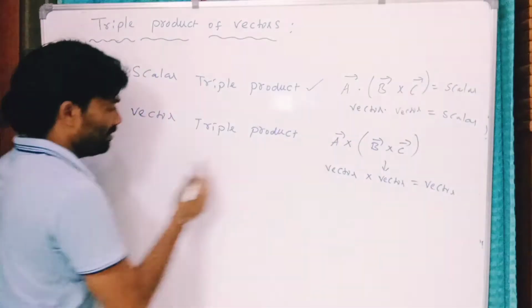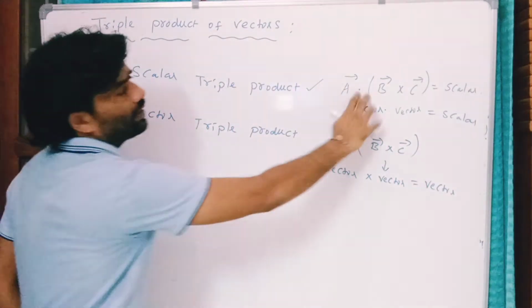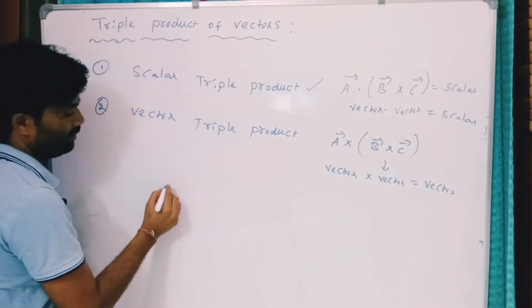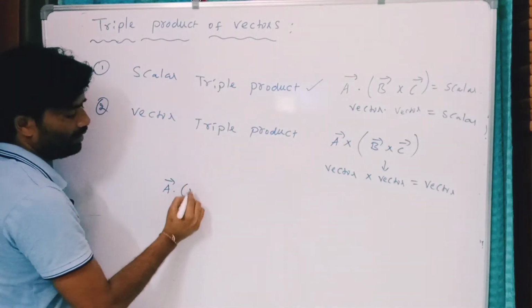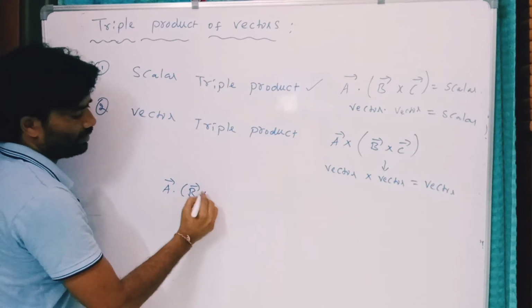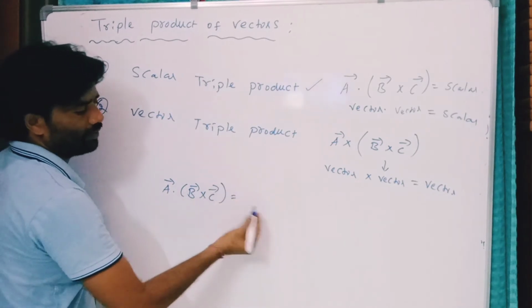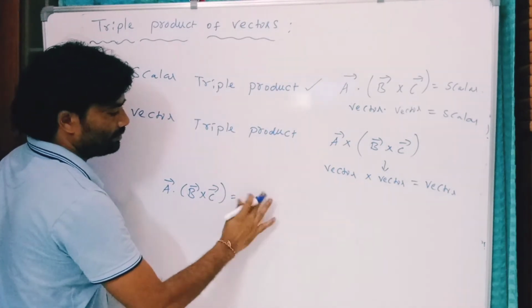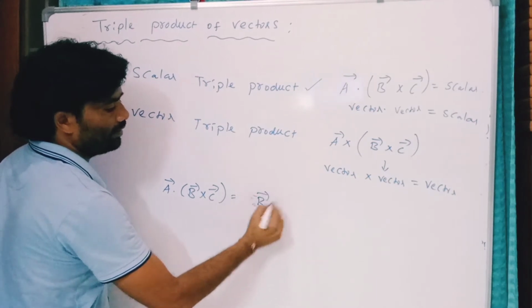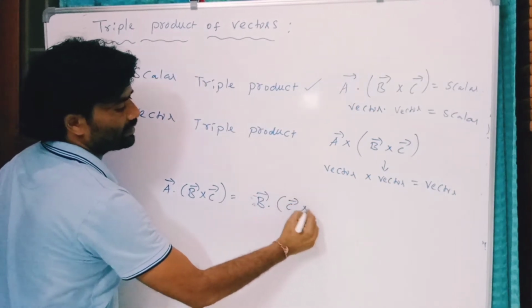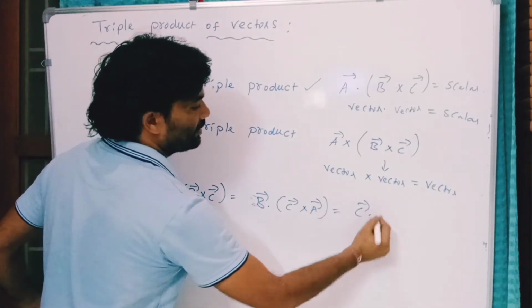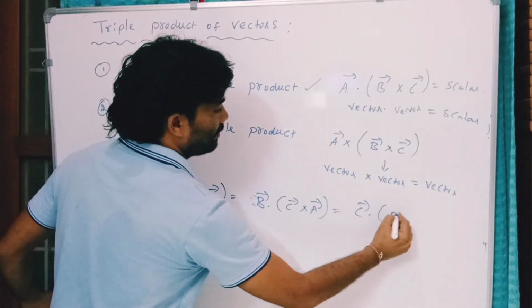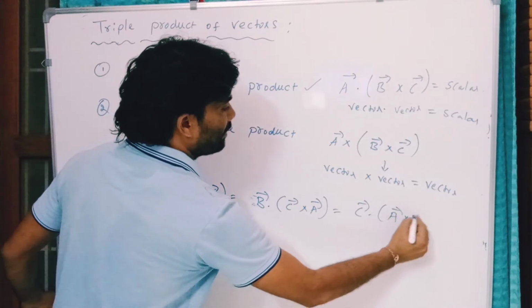And this scalar triple product is independent of the order of multiplication. Means what? A bar dot of B bar cross C bar is equal to B bar dot C bar cross A bar, which is equal to C bar dot of A bar cross B bar.